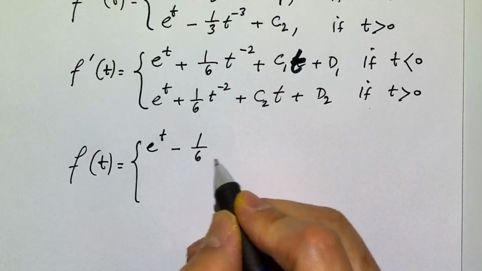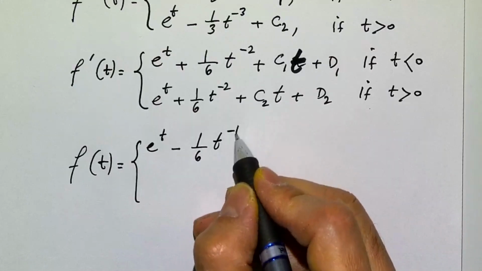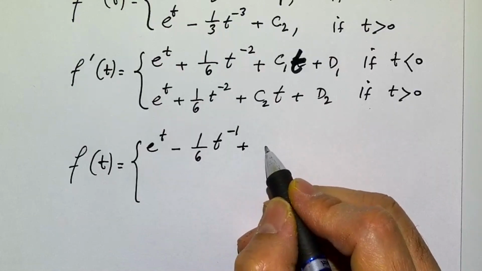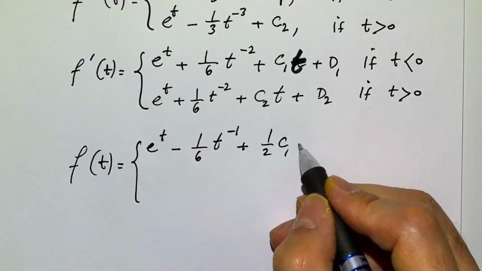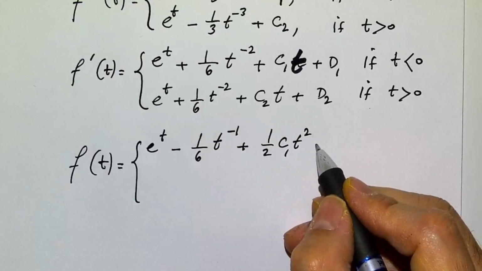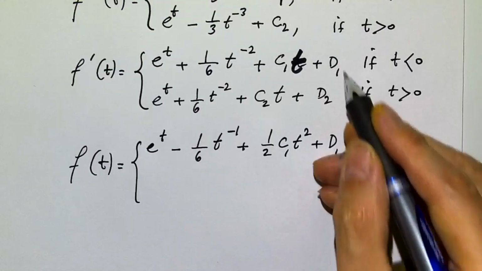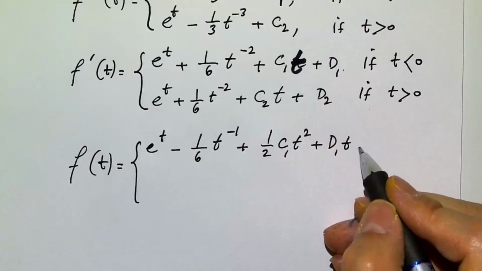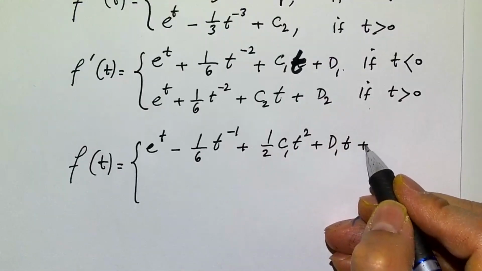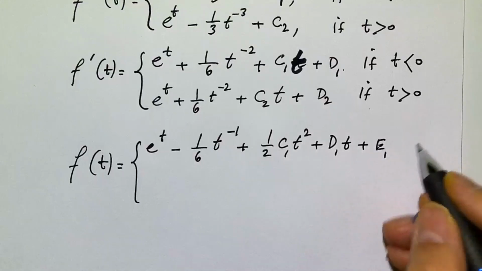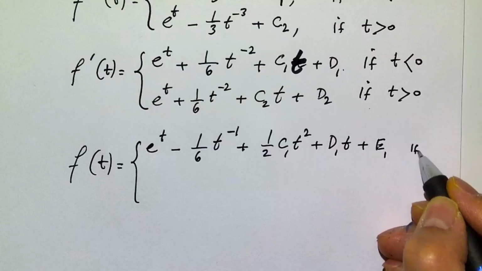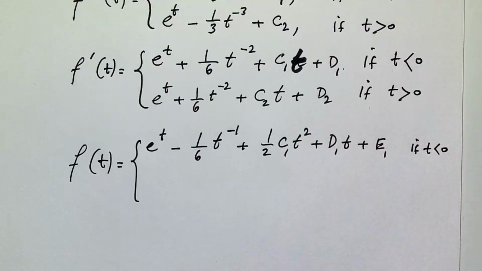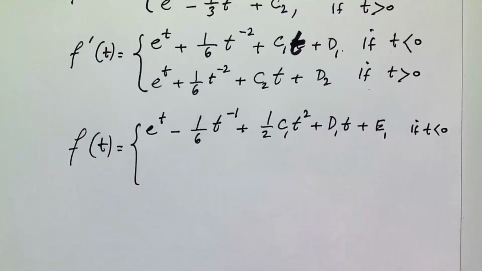So -1/6 times t to the -1 power plus 1/2 c1 t squared plus d1, right? I'm just building on this. d1t plus e1. Of course, this is if t is less than 0, right? And then the same thing for this.